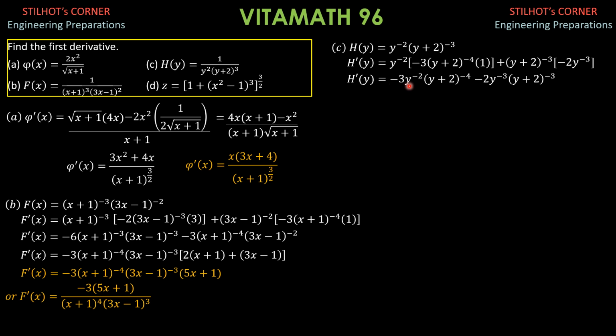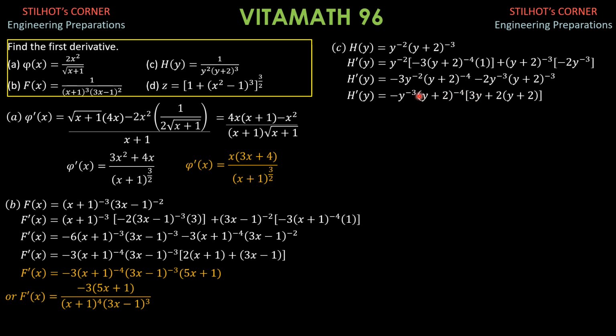For y, it is y to the negative 3, the lowest. And the common factor for y plus 2 is (y + 2) to the negative 4. So we have negative of y to the negative 3, (y + 2) to the negative 4, times 3 times y.